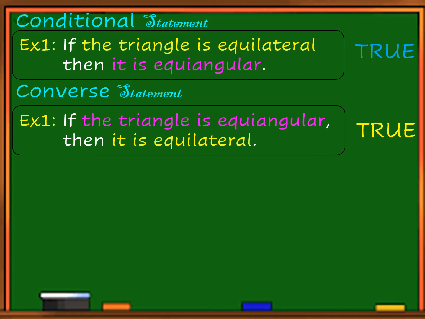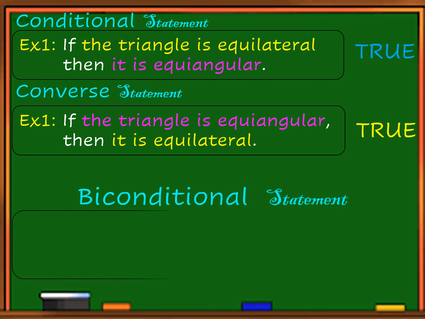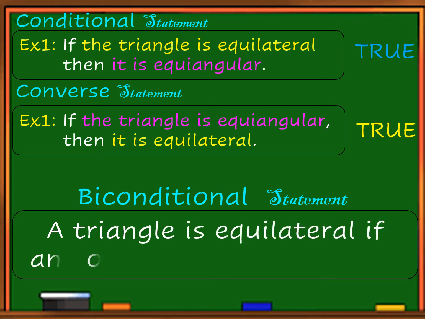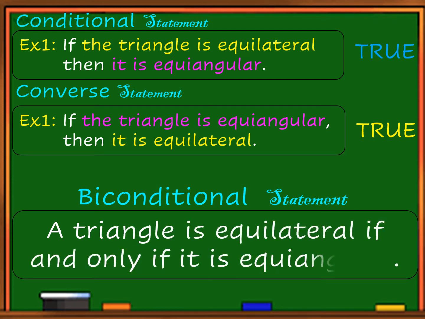Therefore, we can write a biconditional statement as a triangle is equilateral if and only if it is equiangular. The statement now is not in if-then form, but with the phrase if and only if, it means its conditional and converse equivalents are both true statements.